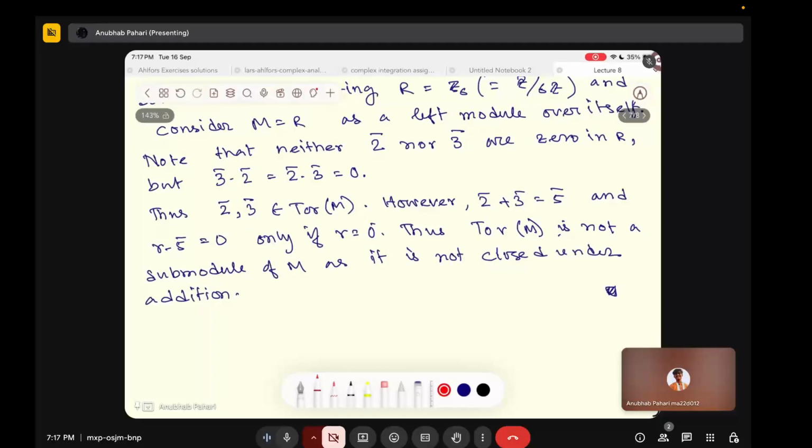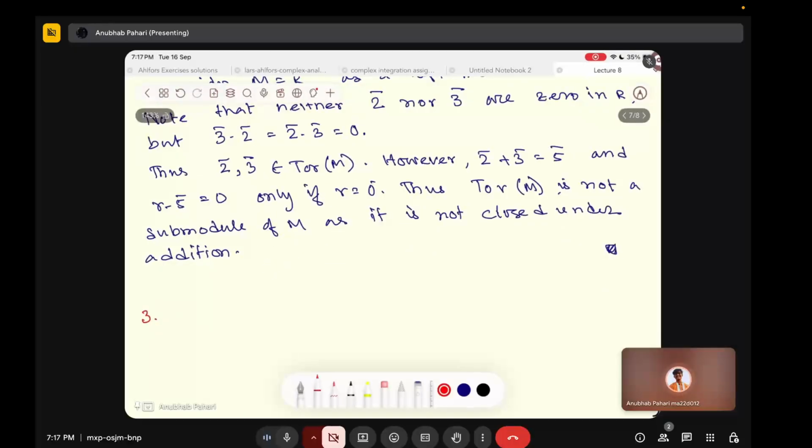So next we will be doing our third problem in this set.